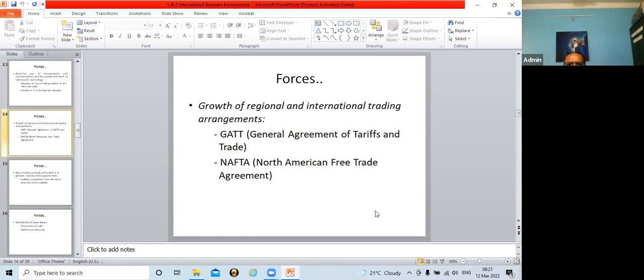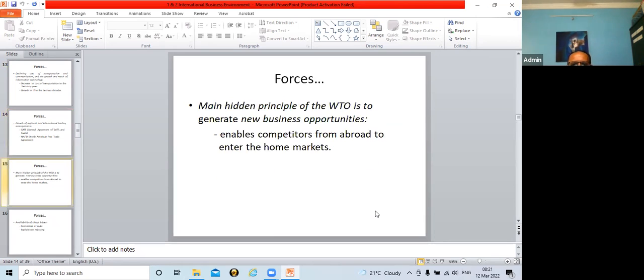Then regional and international arrangements, for example, GATT, General Agreement on Tariffs and Trade, NAFTA, that is North American Free Trade Agreement. These were also useful international arrangements. And day by day, new things are entering into the market.